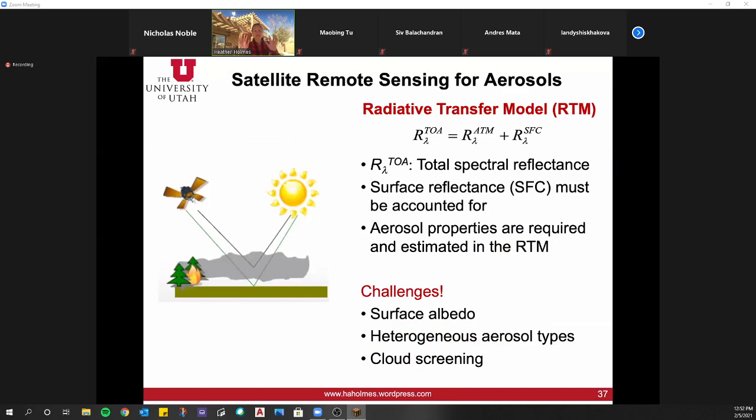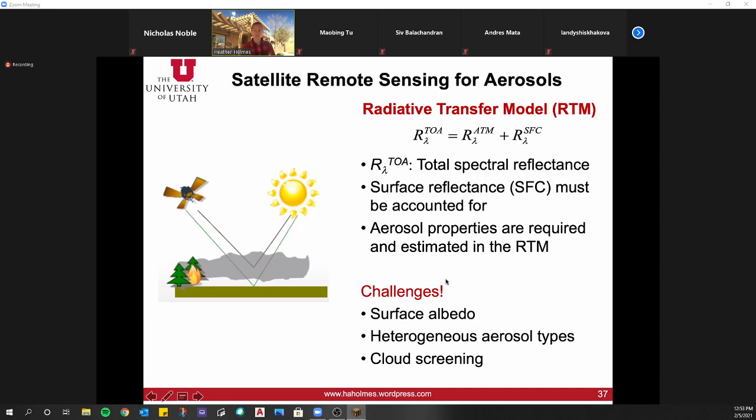This is a really basic, simplified schematic of satellite remote sensing for aerosols. You have a satellite sensor that's orbiting the Earth, and it is actually relying on the sun as the energy source to be able to quantify the aerosols in the atmosphere. You can see that this total spectral reflectance here is the sum of the reflectance from the atmosphere and also the Earth's surface.